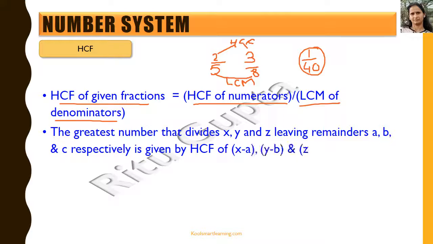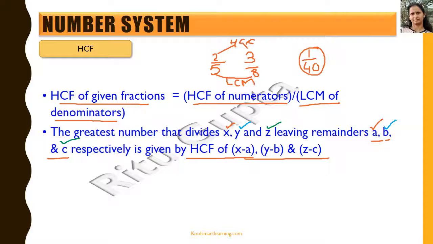Now the greatest number that divides x, y and z, leaving a remainder a, b and c respectively, is given by the HCF of x minus a, y minus b and z minus c. So we are saying there is the greatest number which can divide x and leave a remainder a, divides number y and leaves remainder b, and divides z and leaves remainder c.